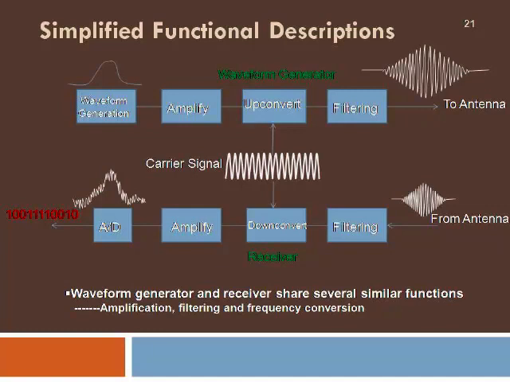So the waveform generator and the receiver share several similar functions. What are those things? The common blocks in the transmitter and receiver will be amplifier, filtering and mixing. That is the frequency conversion. In the transmitter part there will be up conversion, and in the receiver part it's going to be down conversion.